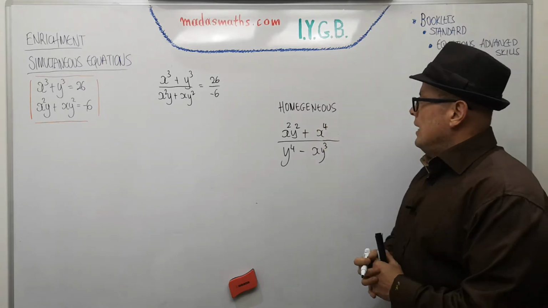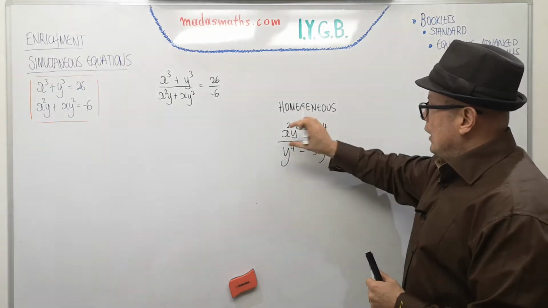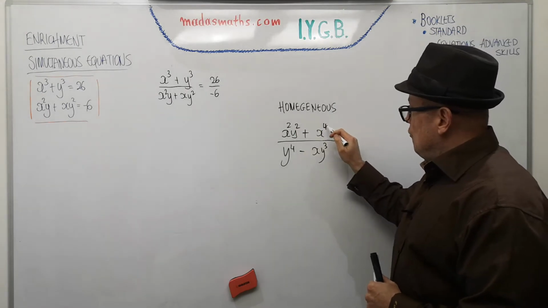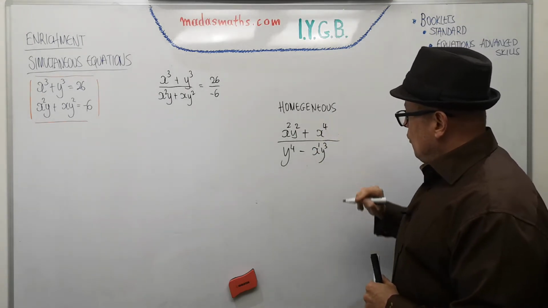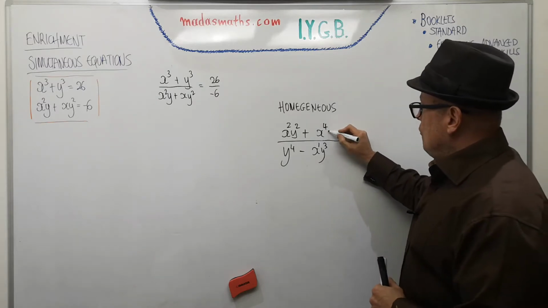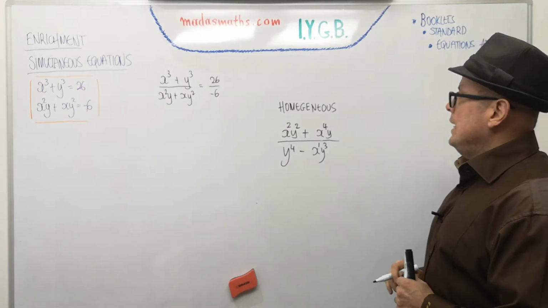This is homogeneous. Each and every term within the fraction is of power 4. 2 plus 2 is 4, and 1 plus 3 is 4. If that was x to the 4 y, this breaks. That is no longer of this particular type.